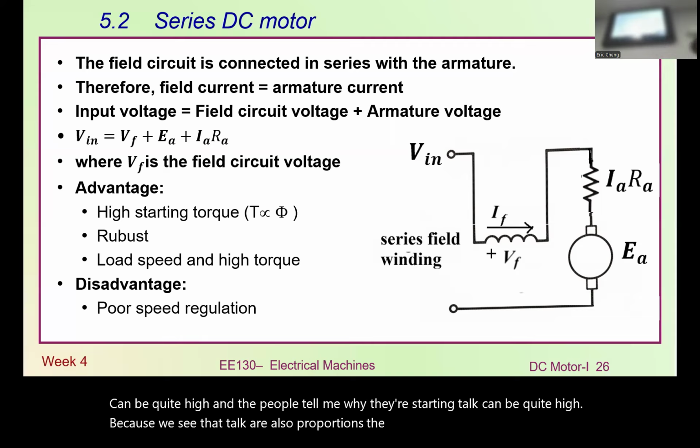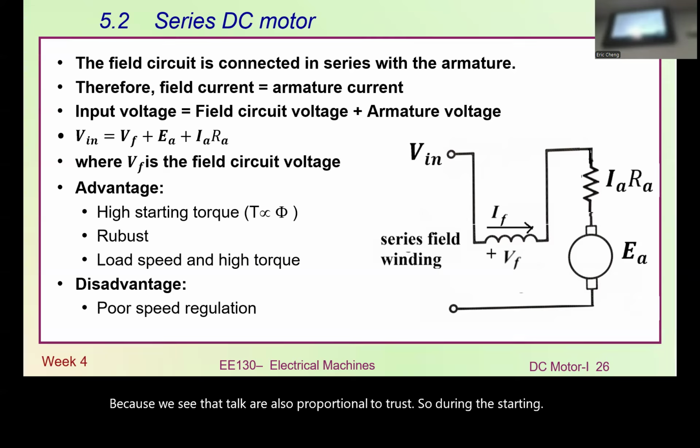So when starting, the speed here will be 0, and the back EMF here will be pretty small. So we get a huge current passing through the whole circuit. Large current means that when we start the motor, the starting resistance will be much higher than the steady state external resistance.